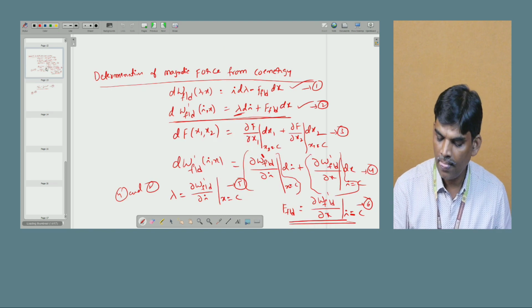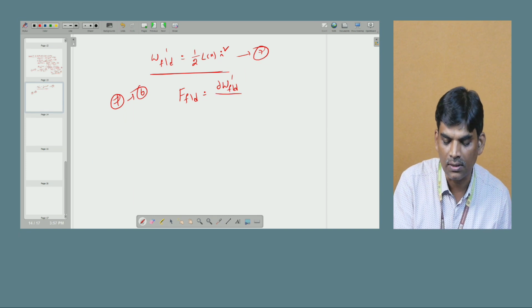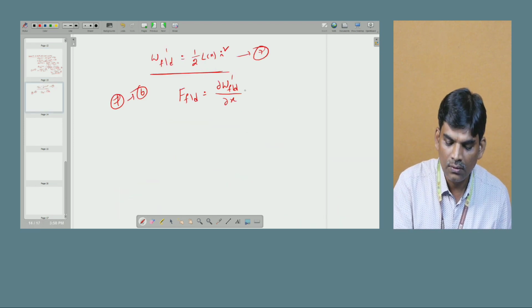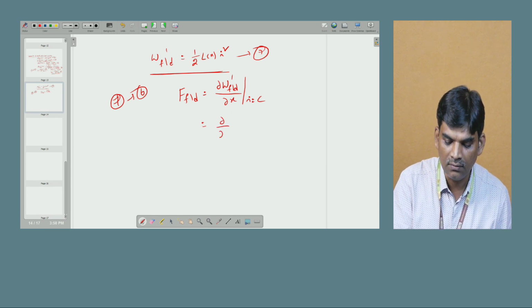What are you getting? Magnetic force is equal to dou W', that is the coenergy, with dou x. The i is treated as a constant. Now we substitute the coenergy, which is half L of x i square.